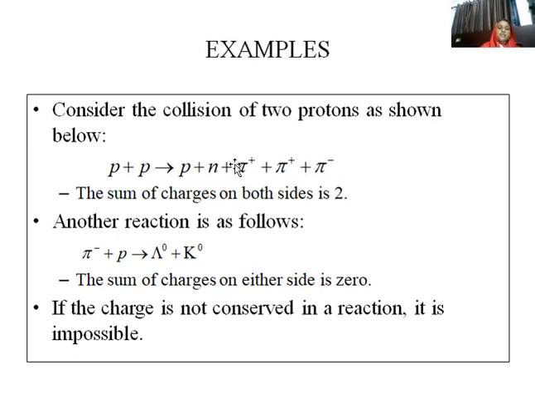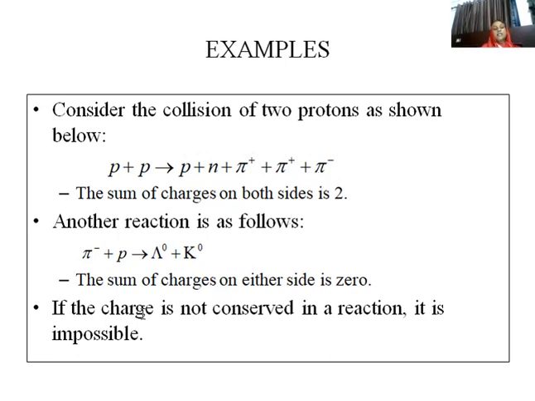On the other side, the proton has charge plus 1, the neutron has 0 charge, pi plus is plus 1, and pi minus is minus 1. The plus 1 and minus 1 cancel out, leaving plus 1 and plus 1, which gives 2. So the total charge before the reaction equals the total charge after the reaction.